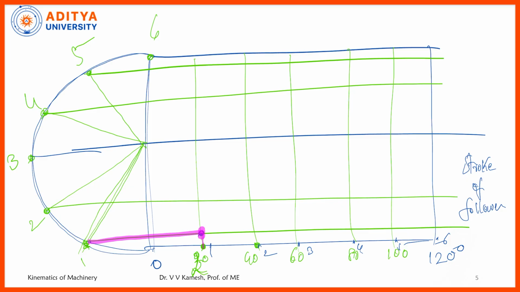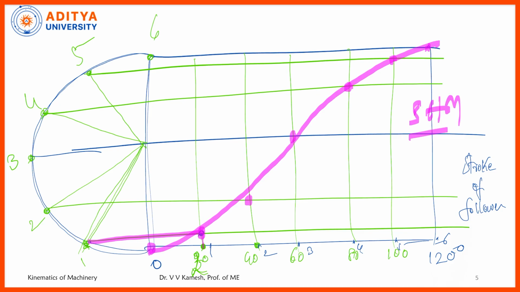It is the follower point. Similarly for 2, 2 dash, 3, 3 dash, 4, 4 dash, 5, 5 dash and 6, 6 dash. So, this clearly shows the SHM, right.